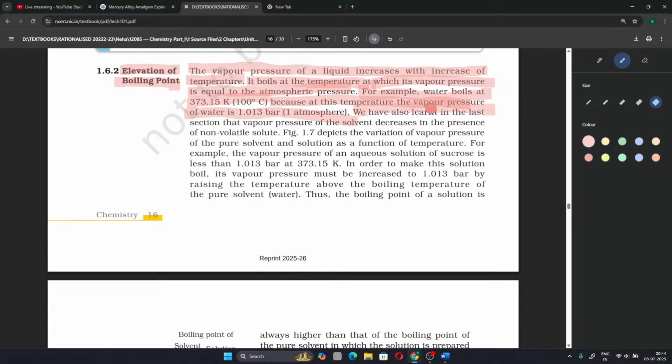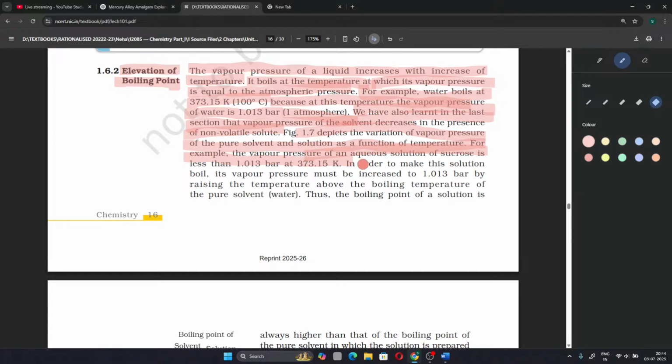We also learned in the last section that the vapor pressure of the solvent decreases in the presence of a non-volatile solute. Figure 1.7 depicts the variation of vapor pressure of pure solvent and solution as a function of temperature. For example, the vapor pressure of an aqueous solution of sucrose is less than 1.013 bar at 373 Kelvin.